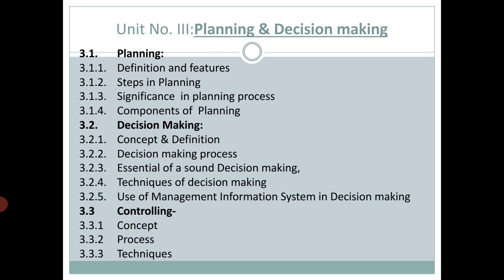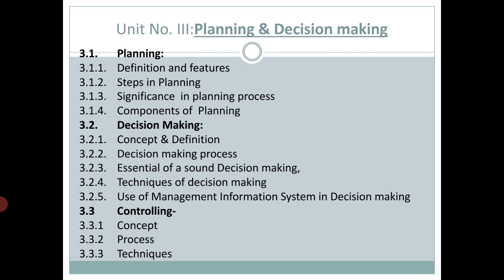Then we have gone through decision making, what the decision making process is, what the essentials of sound decision making are, meaning why sound decision making is important from the organization's viewpoint. Then the different techniques of decision making, then management information system and decision making. We need to remember it.